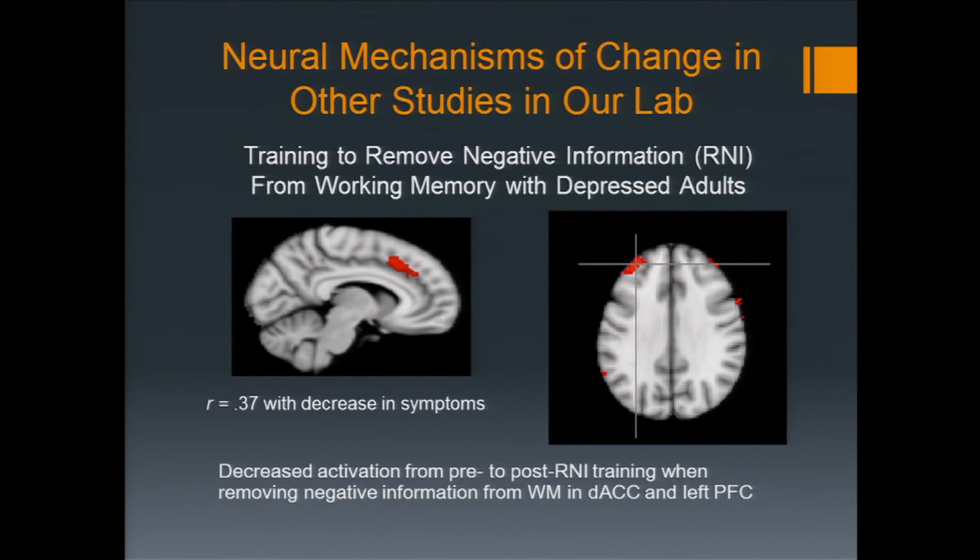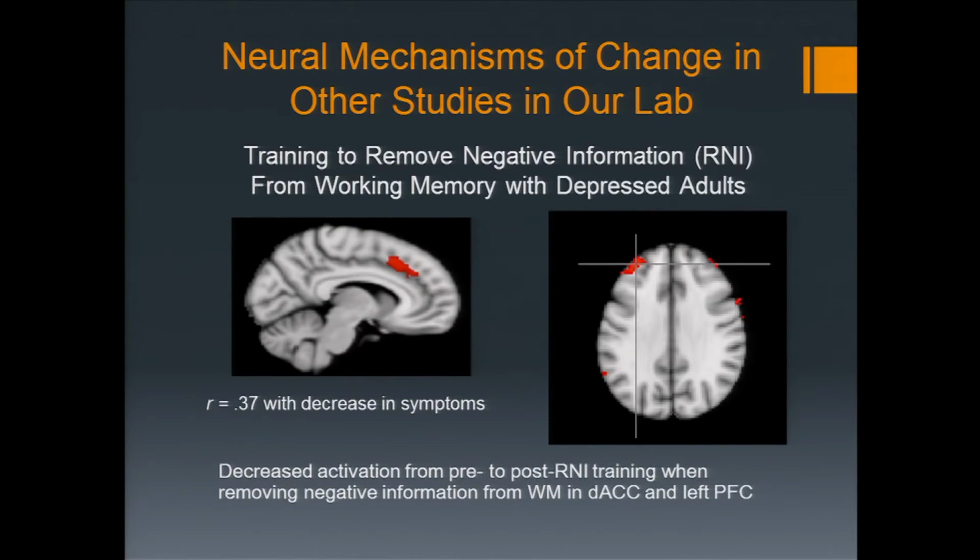What they're doing is it's taking, we think, less cognitive control for them after training to eliminate negative material from working memory. These are all interesting neural mechanisms of the behavior change. I want to end, though, with what we're doing to target these neural mechanisms directly.